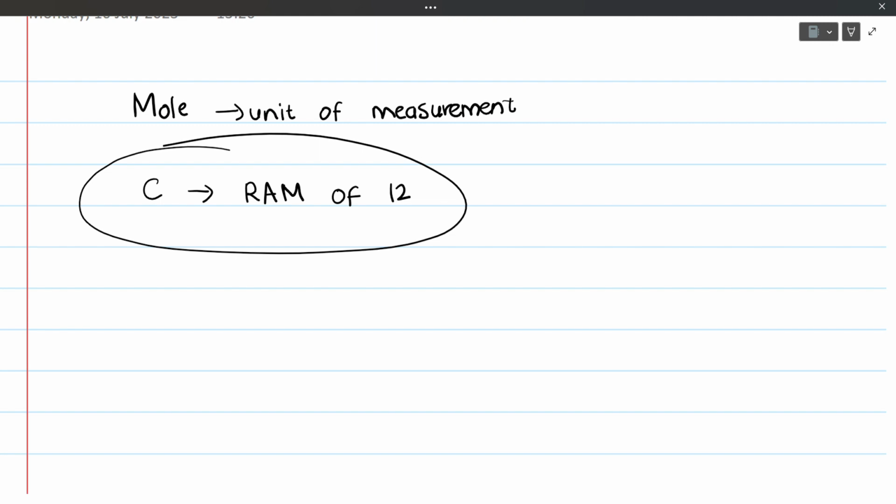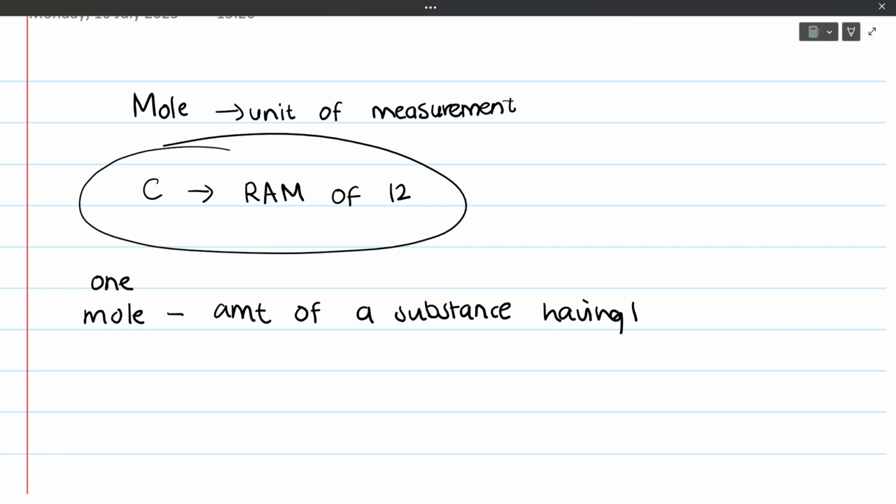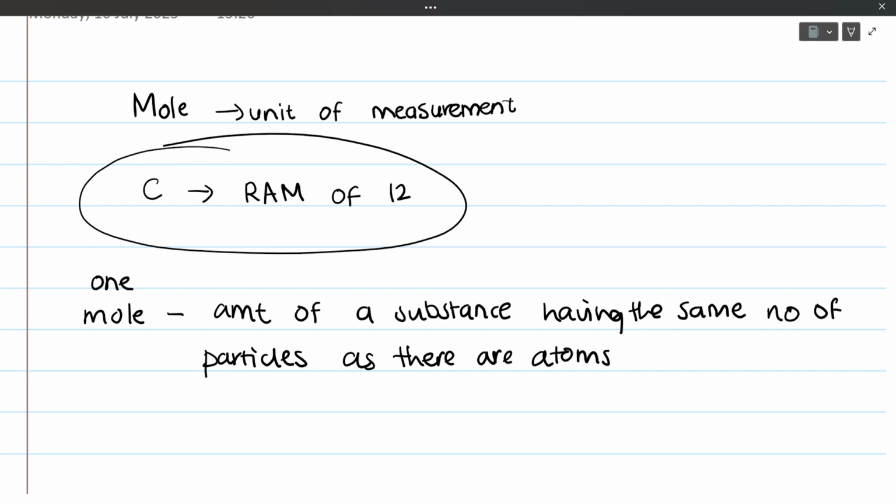We first have to understand that, because if we look at our definition, if we were to talk about 1 mole, we're saying 1 mole is the amount of a substance having the same number of particles as there are atoms in 12 grams of carbon-12.